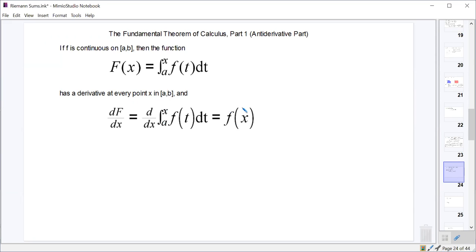So if we say that capital F of x is the integral from some constant a to x of another function, well then the derivative of capital F is just the derivative of that integral, and it should just go back to our original function in terms of x. Right? So the first part of the fundamental theorem of calculus is just saying the derivative and the integral are inverse operations of each other. That if you take the derivative of the integral from a constant to x, you just get the original function. Everybody good with that?